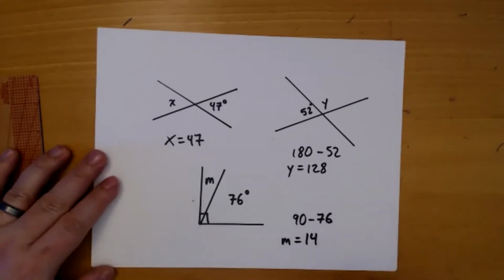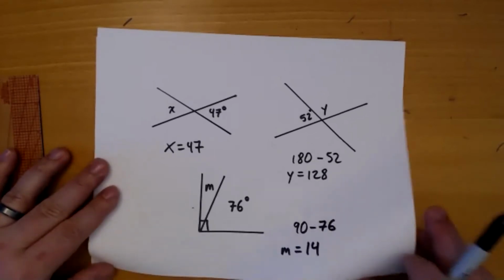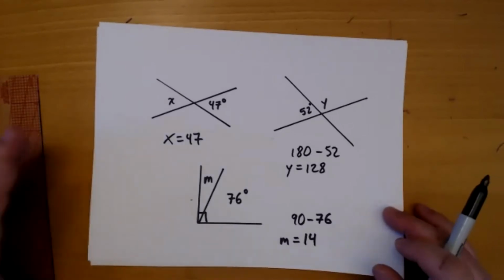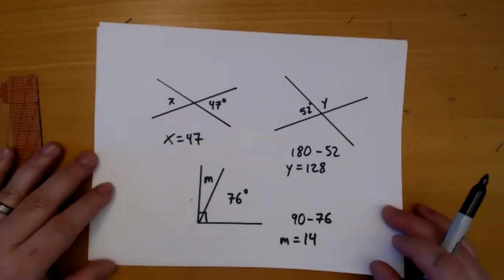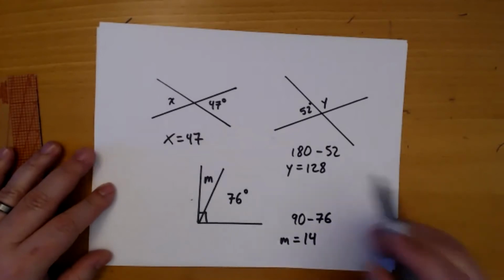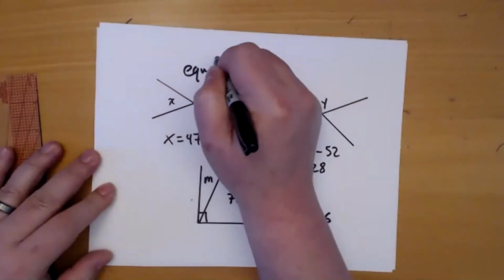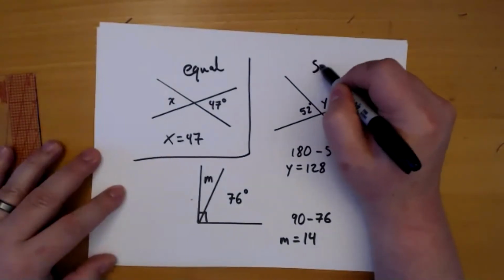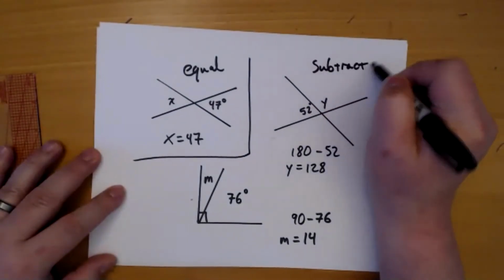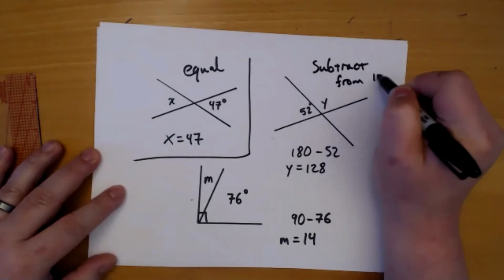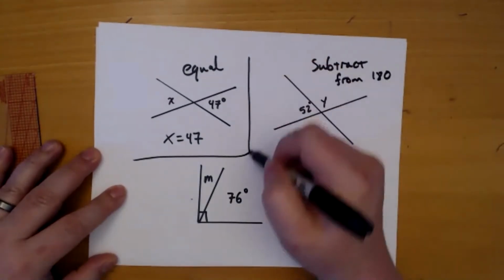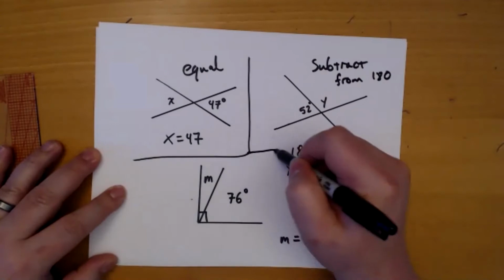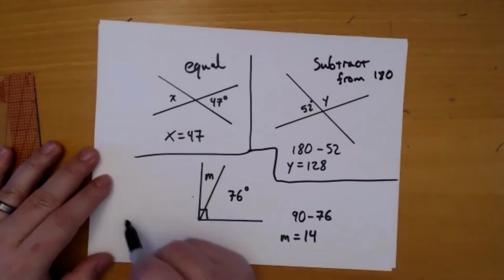So this is all you're doing for half of the second quiz. Two things are either equal, or you subtract from 180, or you subtract from 90.